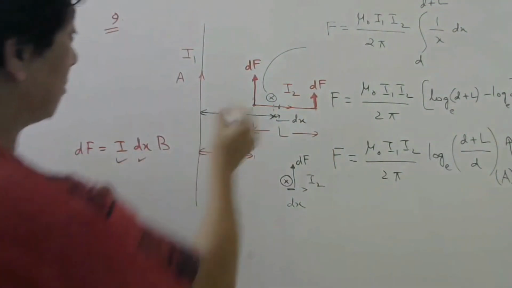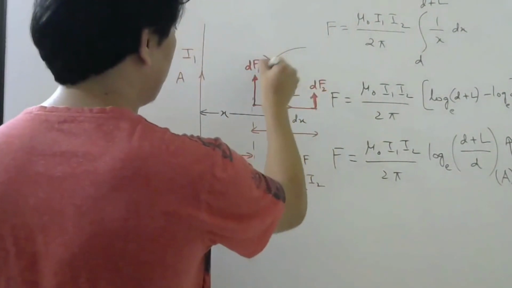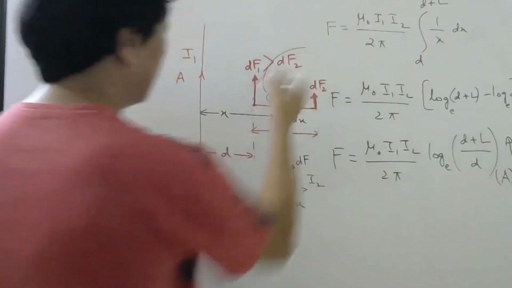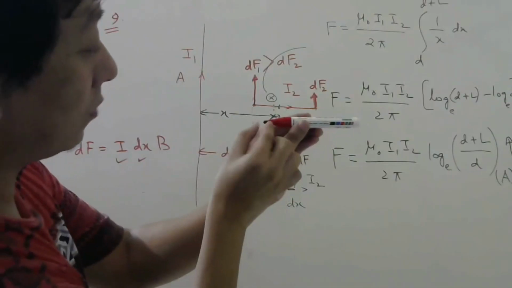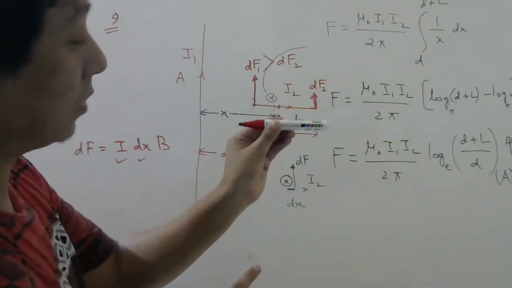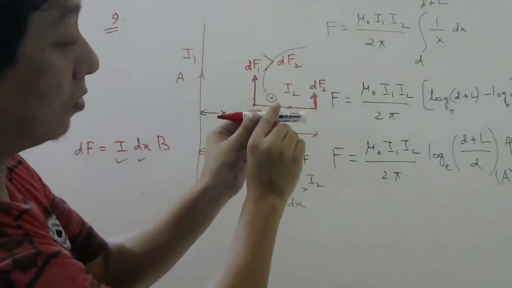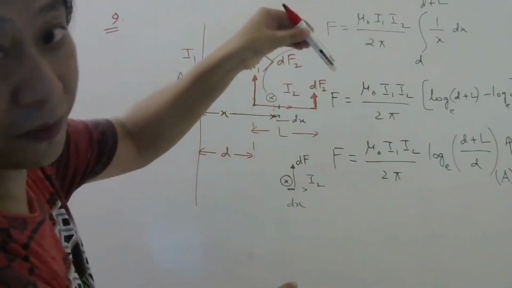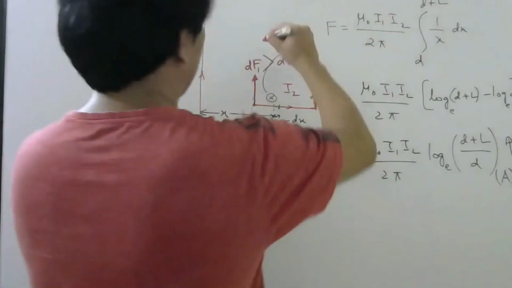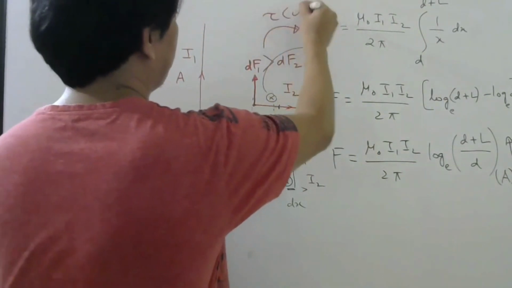If I write this as dF1 and this as dF2, then dF1 will be greater than dF2. So this wire will feel greater force on this side than on this side. So it will go upwards because it feels a net force upwards, but it will also rotate like this. The whole thing will feel this kind of torque, which means clockwise.